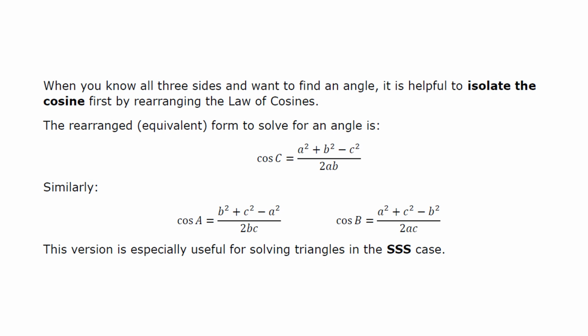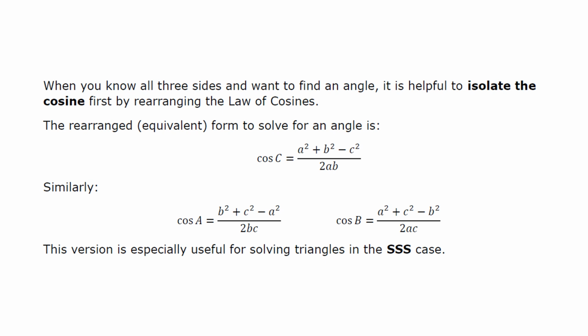So when we know all three sides and want to find an angle, it's helpful to isolate the cosine first by rearranging the law of cosines. So we'll rearrange the law of cosines or its equivalents in order to solve for the missing angle.